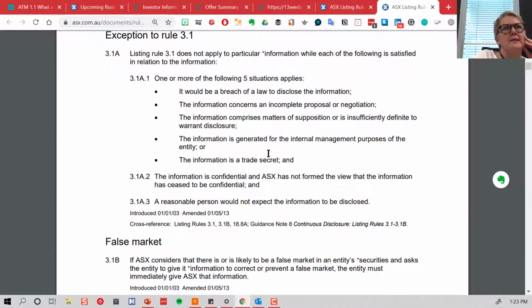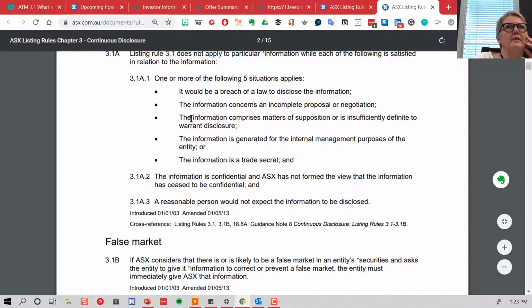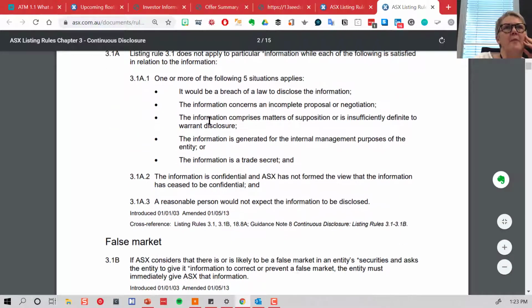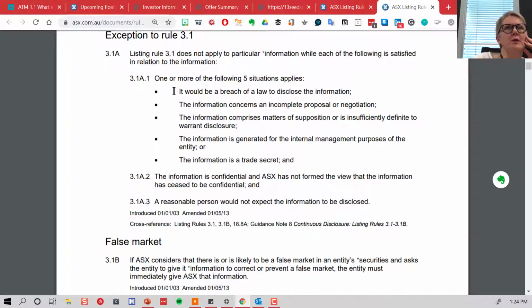So, of course, as is the way in pretty much all of the law, there's a rule and then there are some exceptions to it. The key ones are that one or more of the following 5 apply. You can't tell the stock exchange because it would be a breach of the law to do that.